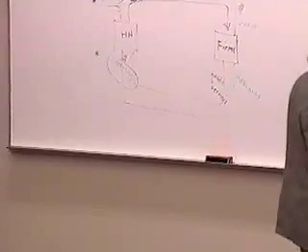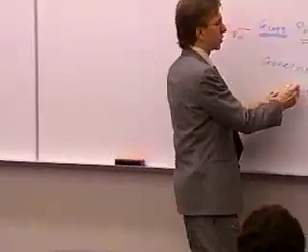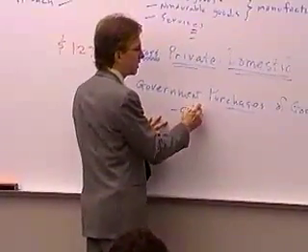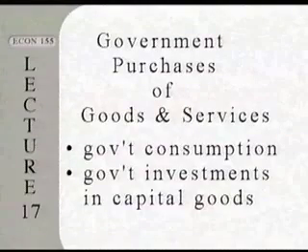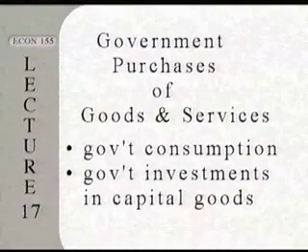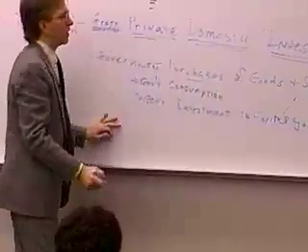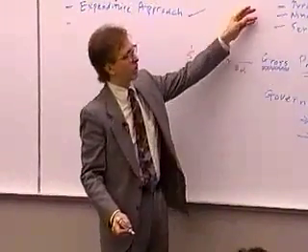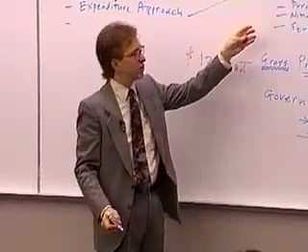This includes government purchases of goods and services. This includes government consumption, and it also includes government investment in capital goods. Now, these two categories are just like what we've talked about for households and businesses.